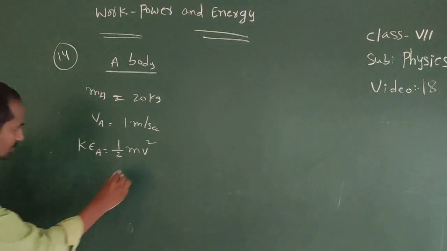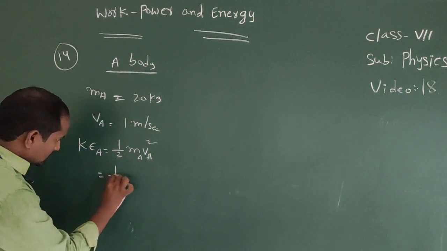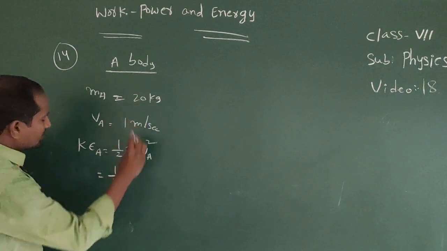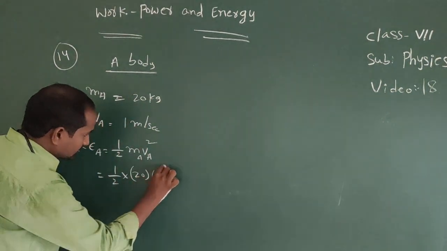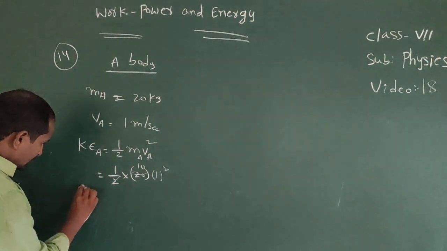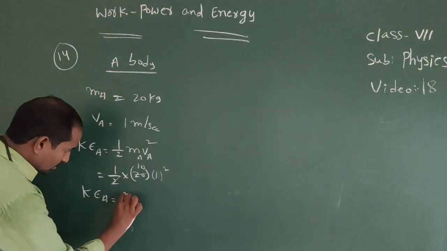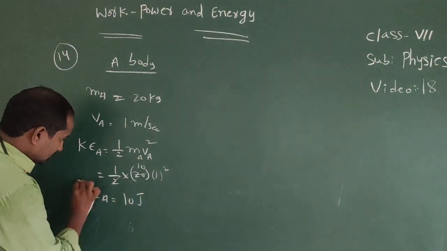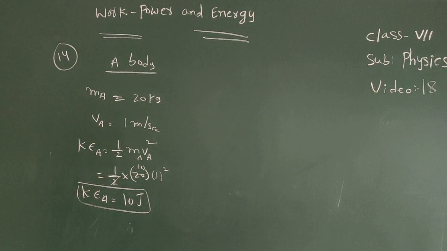Half into 20 into 1 square. So 1 here to 10. So kinetic energy of the first body, A body, equal to 10 joules.